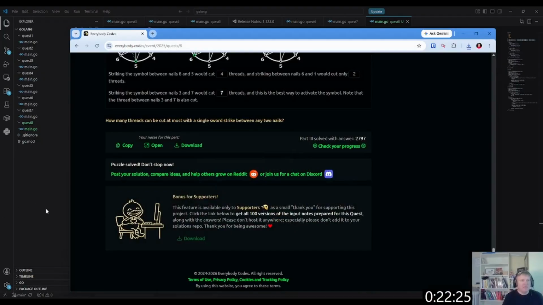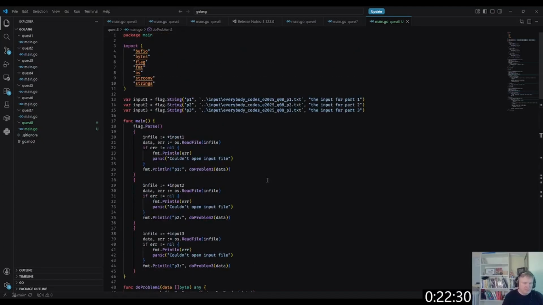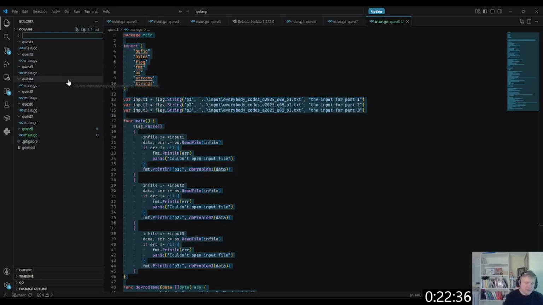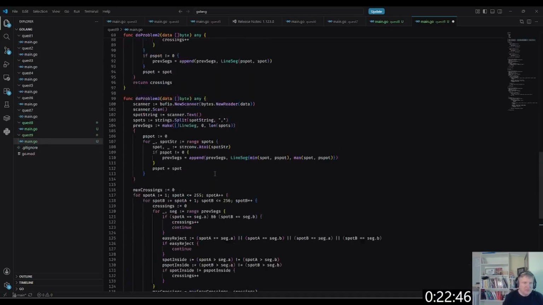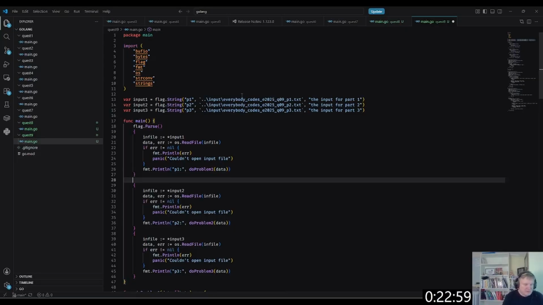But before we go open another quest, I'm going to set up my boilerplate for quest 9. Quest 9, main.go, paste, and what I'm going to do here, quest 9, quest 9, quest 9. And this will just return.